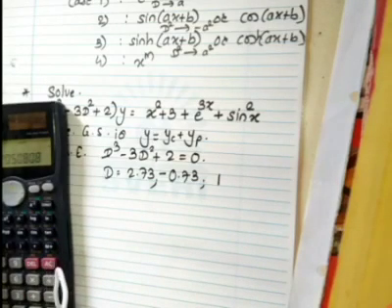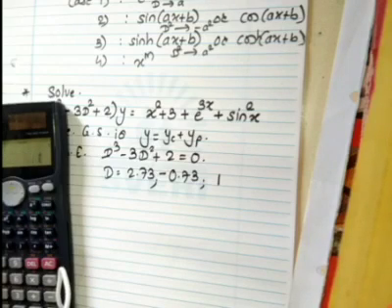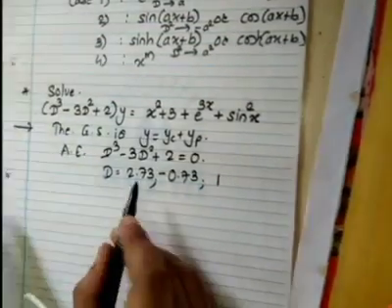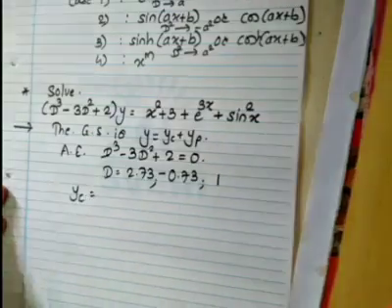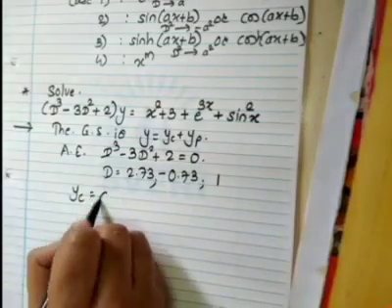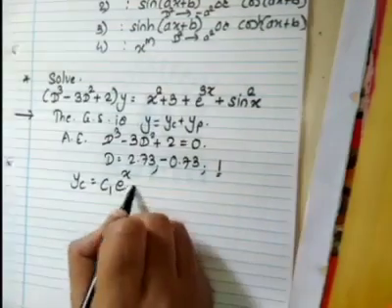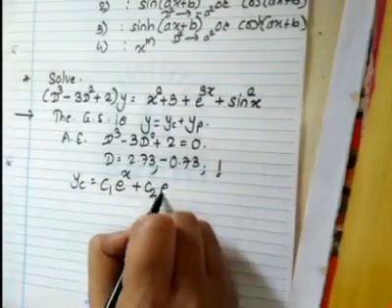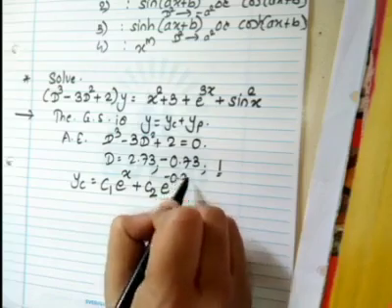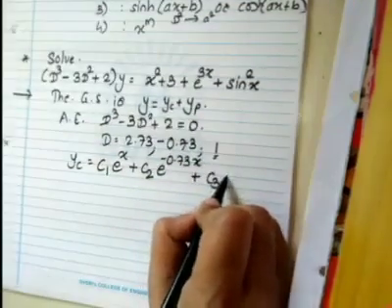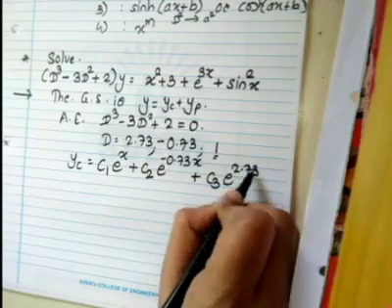Okay, so first is 2.73 and second minus 0.73 and third it is 1. Correct? All are real. So its yc is c1 e raised to 1x plus c2 e raised to minus 0.73x plus c3 e raised to 2.73x.